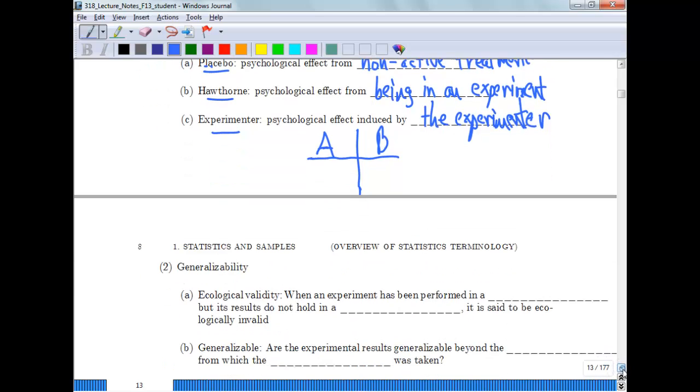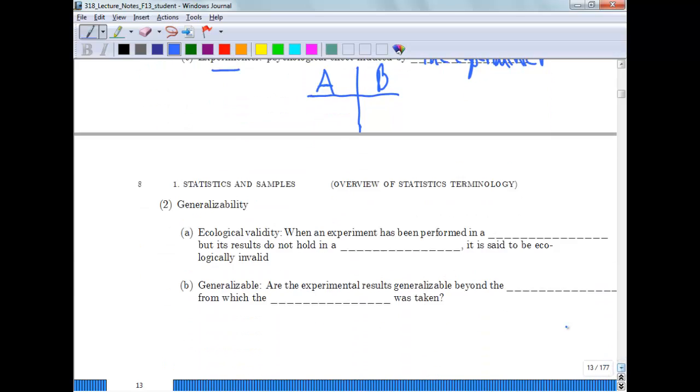Okay. Another issue that can arise in both experimental and observational studies is generalizability. Ecological validity is when an experiment has been performed in a lab setting, but its results do not hold in the real or natural setting.